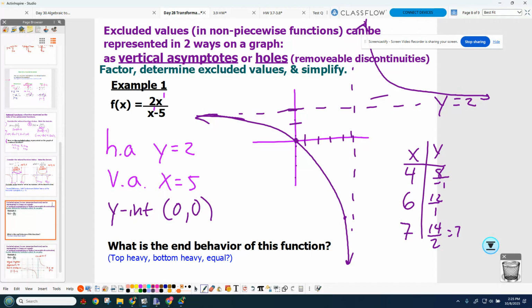So, just checking, is this crazy? Is that absolutely insane? No. Because if you can look at this and say top heavy, bottom heavy, equal, does it have a horizontal asymptote? And then draw that in, and then look at the denominator, where is that undefined? Where do I have a divide by 0 problem?